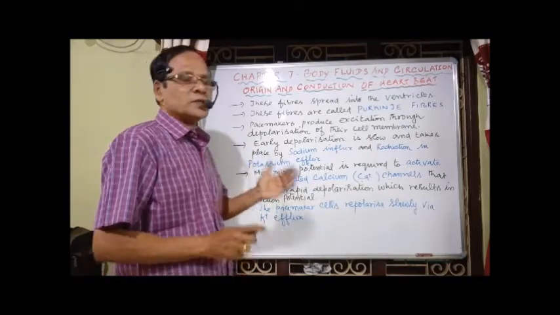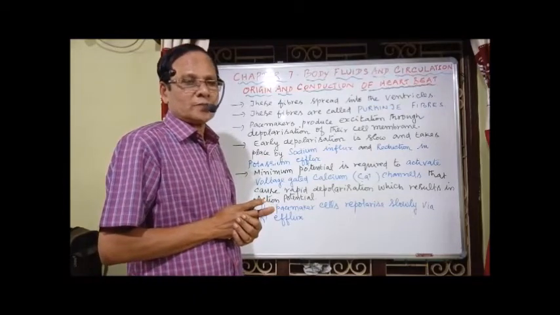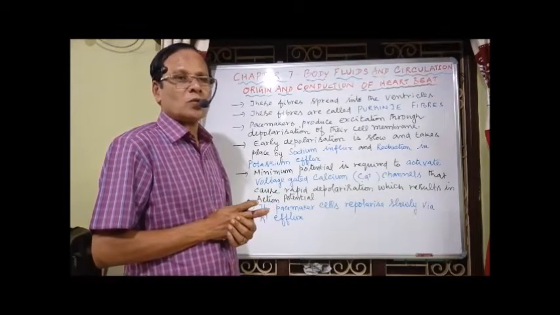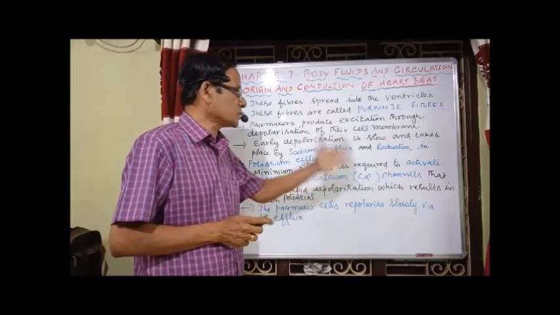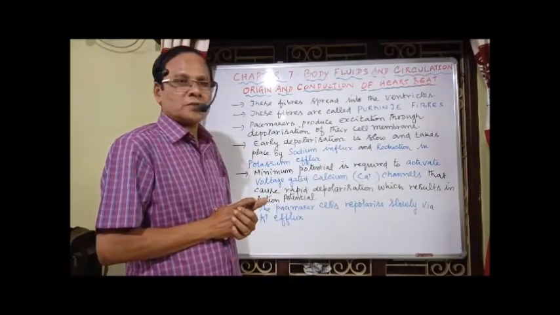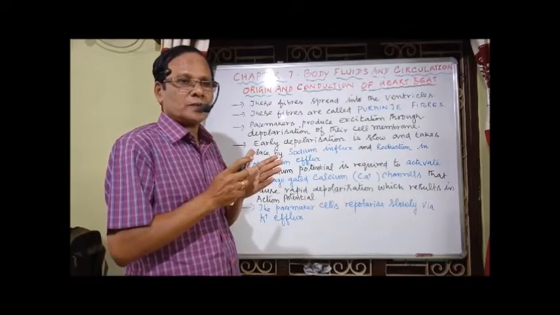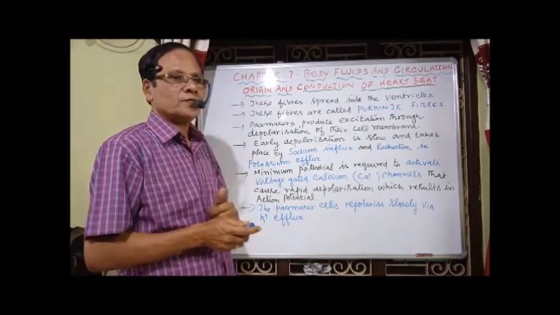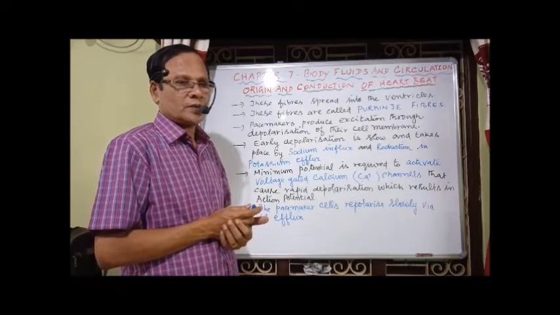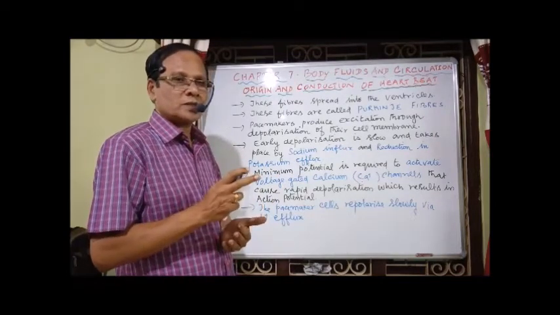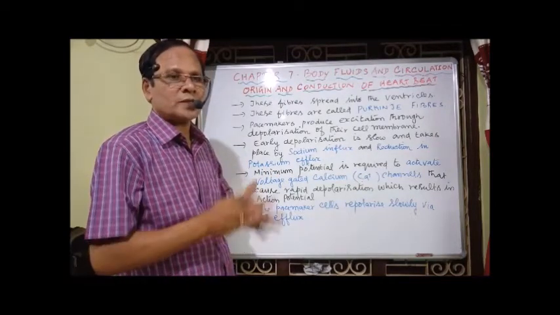Now, a minimum potential is required to activate voltage gated calcium channels. When calcium channels activate, they cause rapid depolarization, which results in an action potential. I mentioned already that an action potential is the generation of electrical impulses by depolarization.